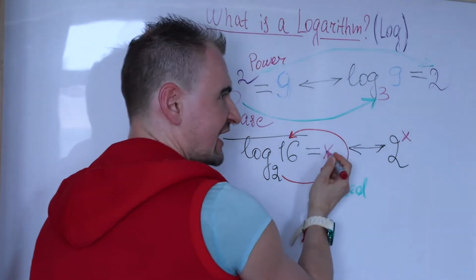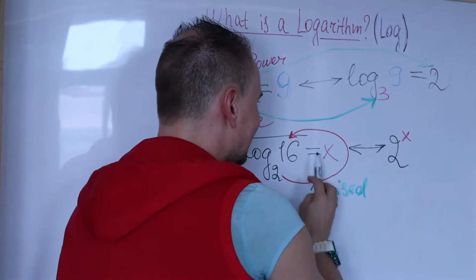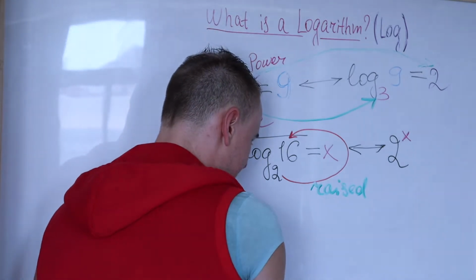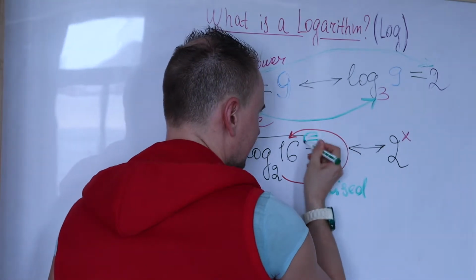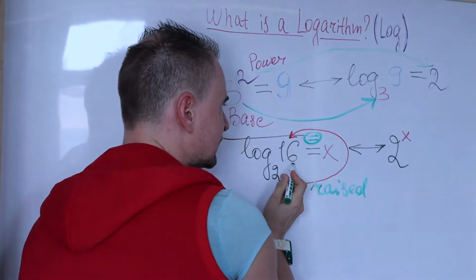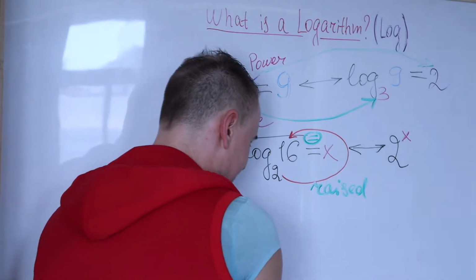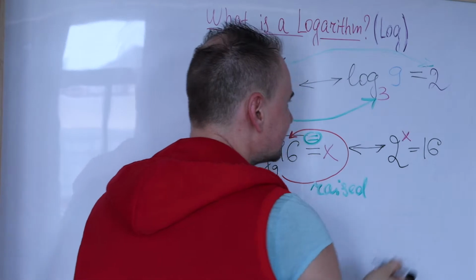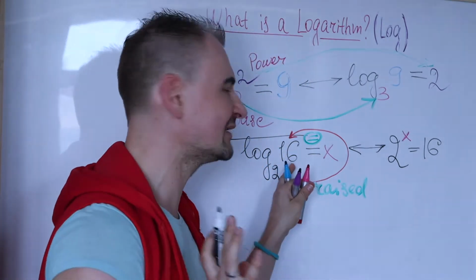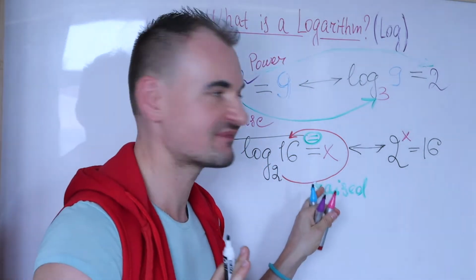You raise it to the x power and you set it equal to this middle number 16 that hasn't been used, hasn't been touched yet.